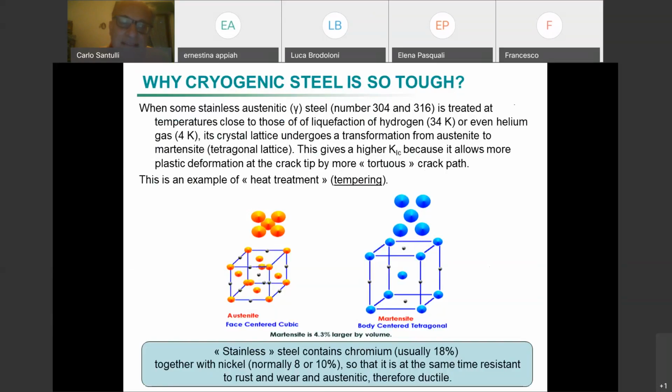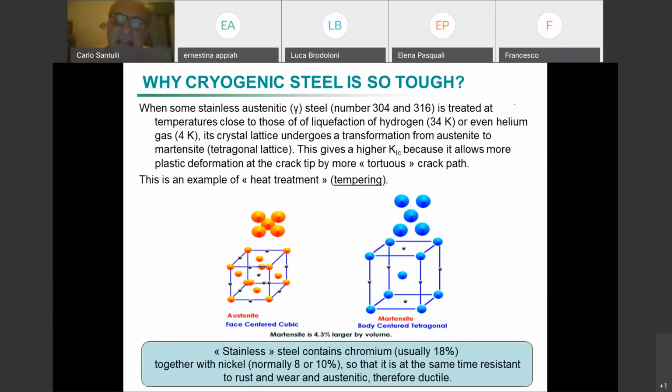Stainless steel is able to withstand corrosion, but is not able that much to withstand very low temperatures. In some cases, we need to withstand very low temperatures. For example, in pipelines, when you are going to extract oil, petrol, in very cold countries, like in the Arctic Sea and so on, you need pipelines that go very deep.